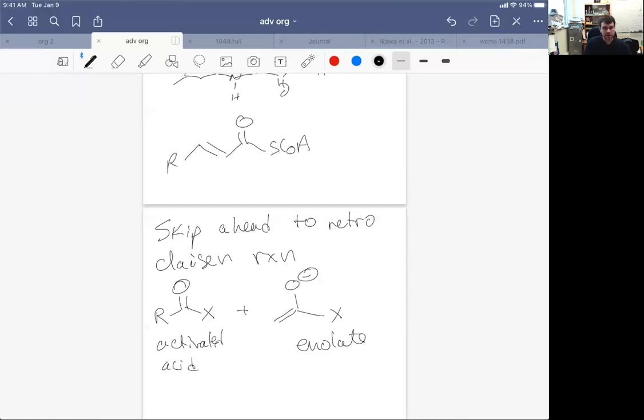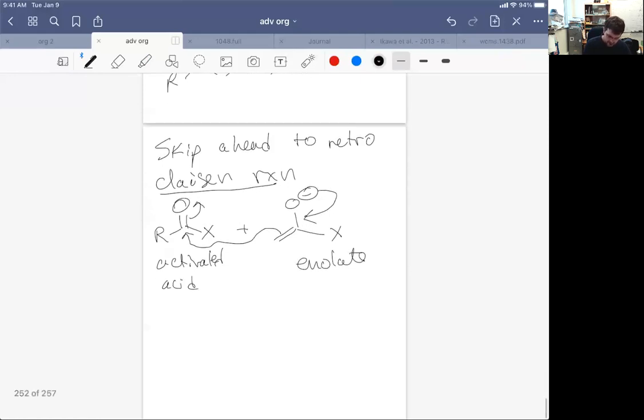The arrows are actually quite simple. It looks like an aldol reaction, except on a carboxylic acid derivative. That's all it is. It's an aldol reaction. So this is the Claisen reaction, where we take the negative charge down. The alpha position is nucleophilic, adding to the carbonyl carbon to give us a tetrahedral intermediate. That's going to look like this.